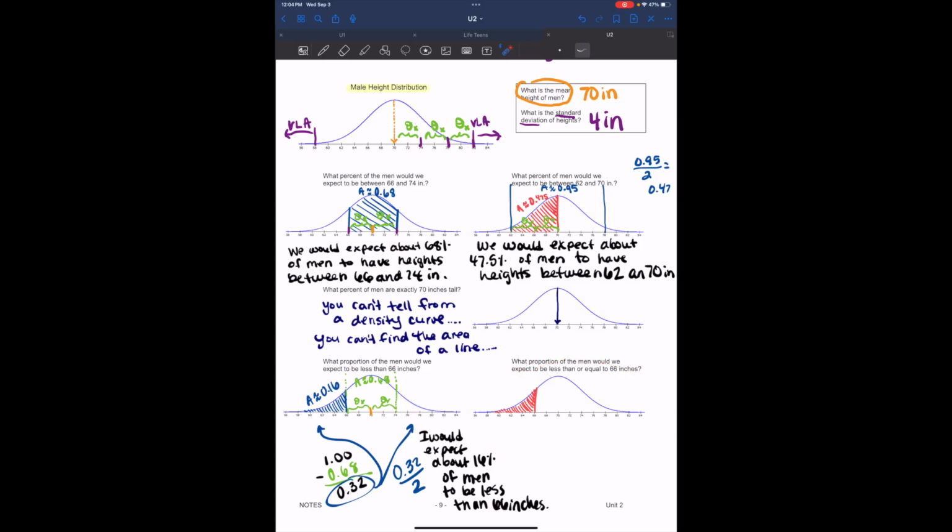And I know the equal to part makes me think like, oh, I must have added something to it. Well, remember, you cannot tell the area of a line. This over here also already includes the idea of being 66 or less. Really, those two things end up being exactly the same as each other, this and this. All right, because we can't tell the area of the line, the way that we would shade those looks exactly the same.